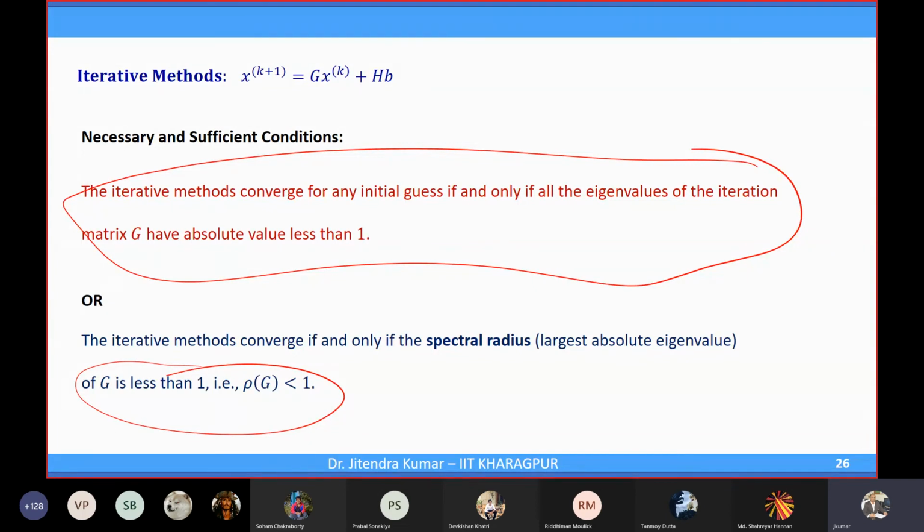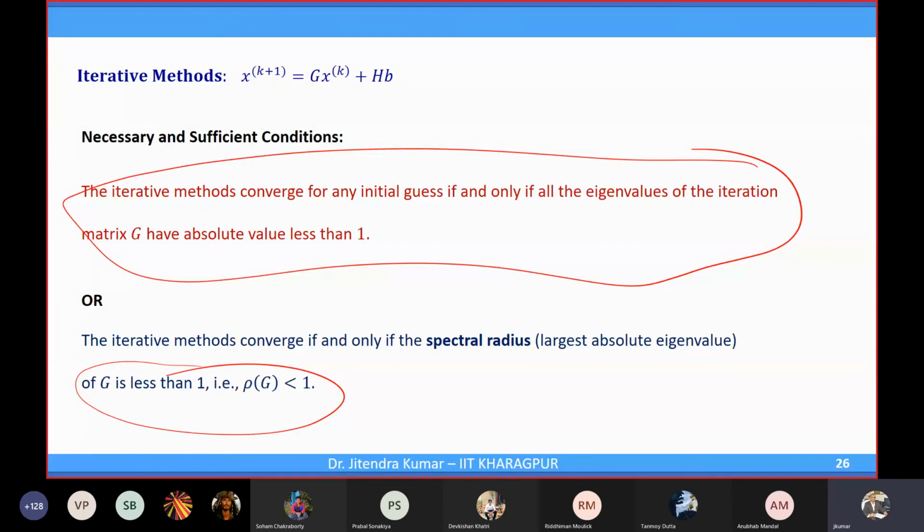There must be some reason, of course, for radius. For example, in the complex plane, when we write mod z is less than 1, it tells about the area inside a circle of radius 1 unit. So it's something like that. It can be because the eigenvalue can be real or complex.